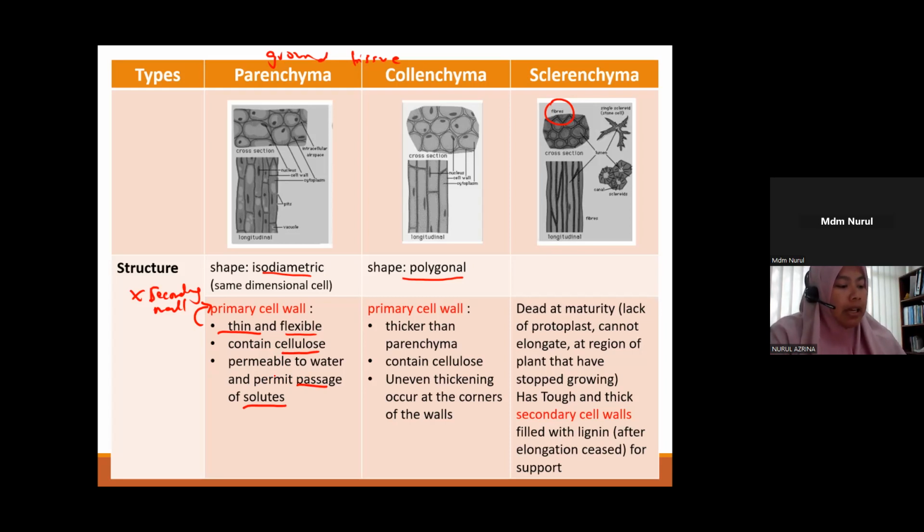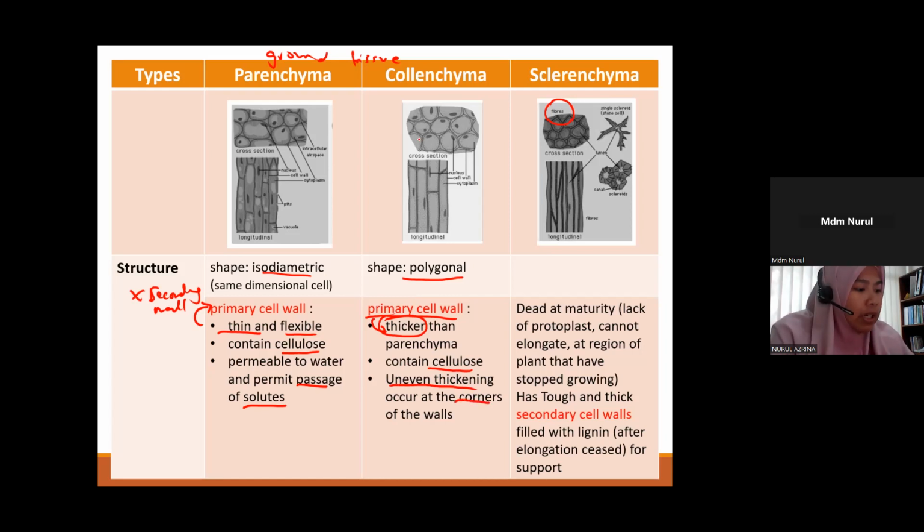For collenchyma, it also only has a primary cell wall, but the primary cell wall is thicker compared to the parenchyma. So this is one difference between parenchyma and collenchyma. It also contains cellulose, and one more special thing about collenchyma is it has uneven thickening at the corner of the wall.